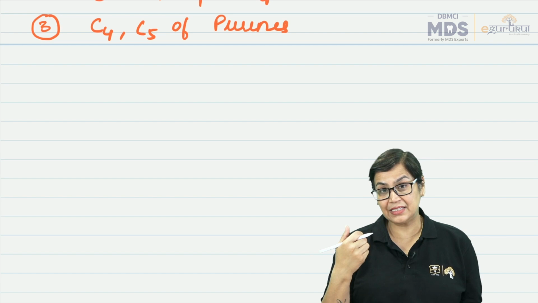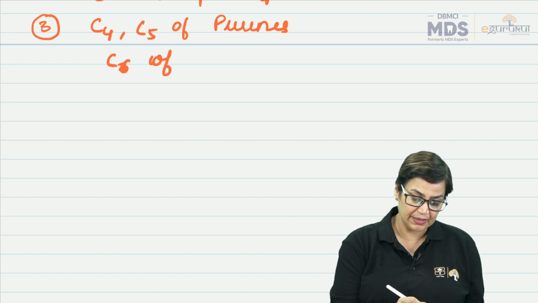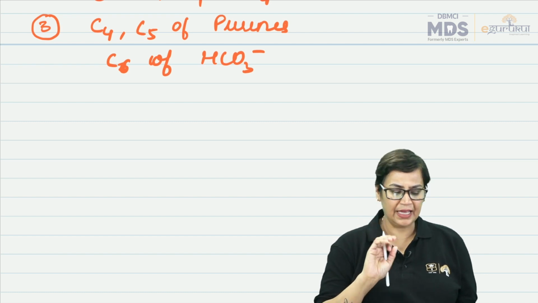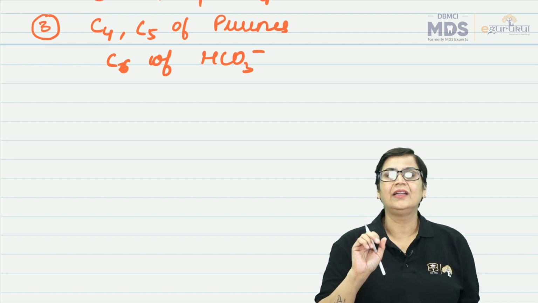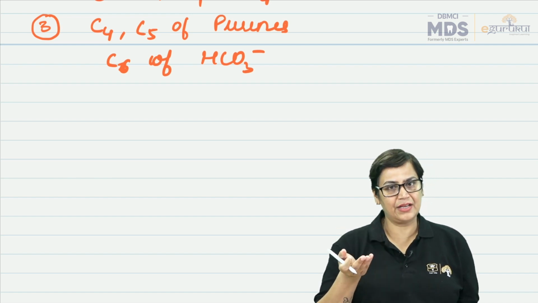They come from glycine. Similarly, we can say C2 also, C6 also, it also comes from bicarbonate ions. But no biotin is required. ठीक है? So these are the biotin independent and those were the biotin dependent reactions.